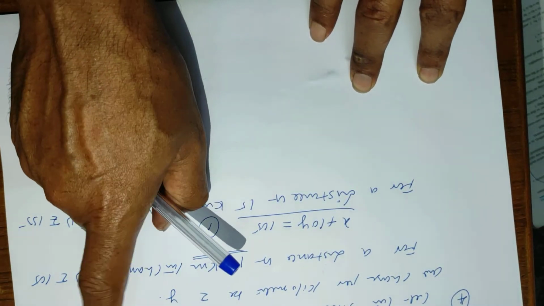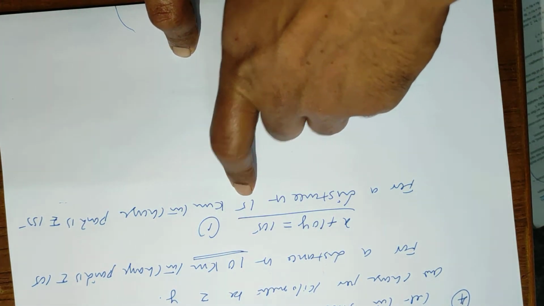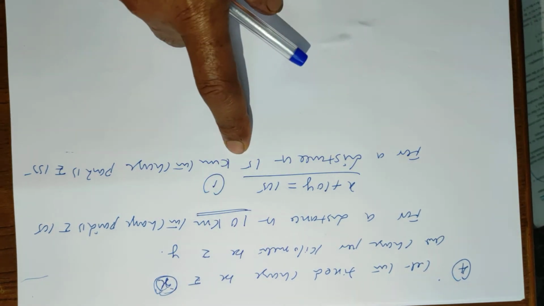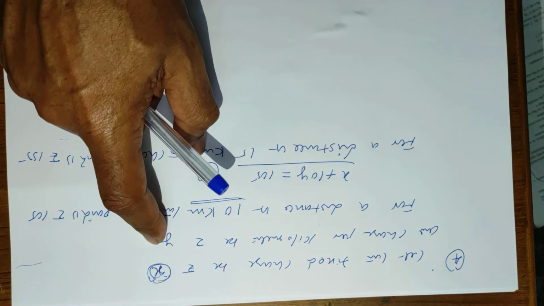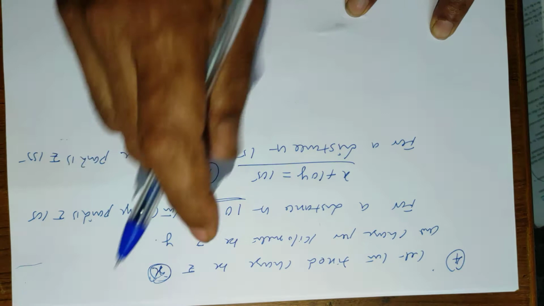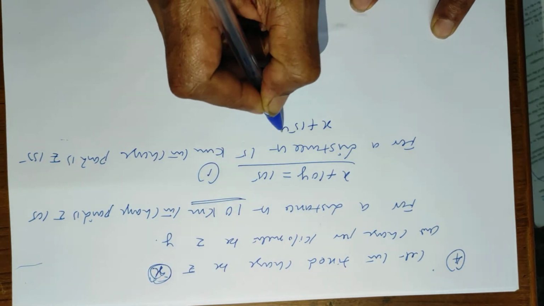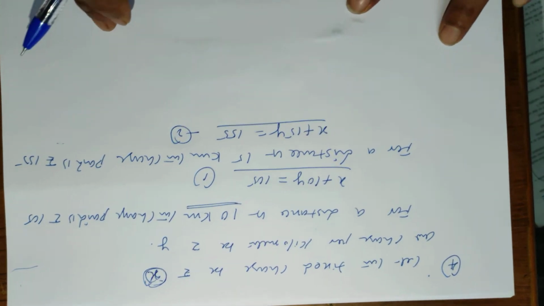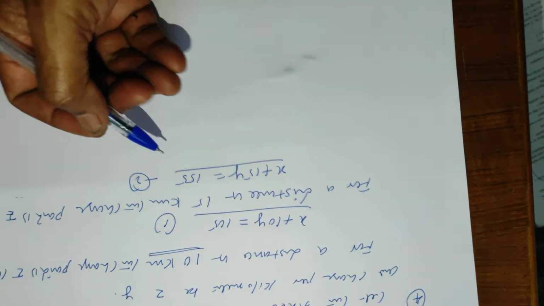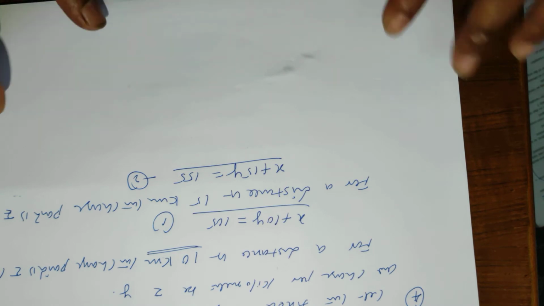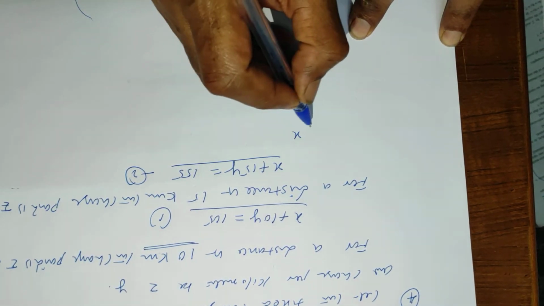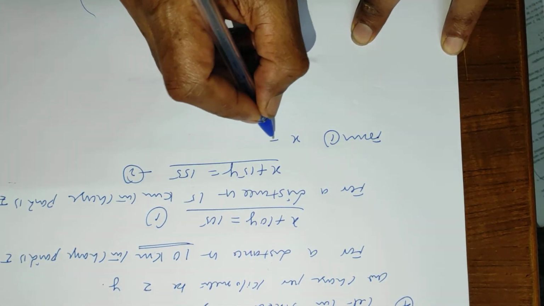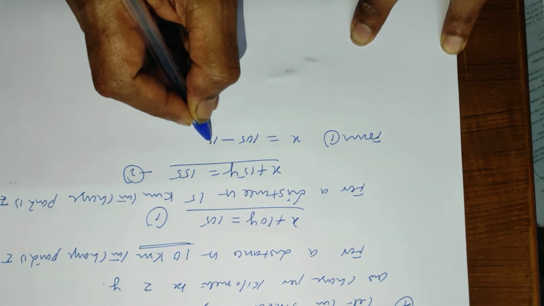Fixed price X plus for 15 kilometers 15Y, because per kilometer it is rupees Y. So X plus 15Y is equal to 155. We call this equation 2. So let me solve this. X from 1: X equals 105 minus 10Y.